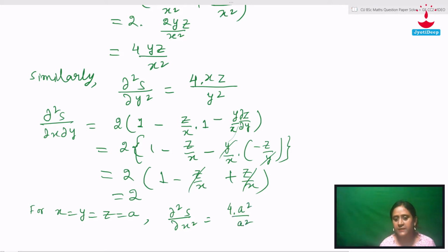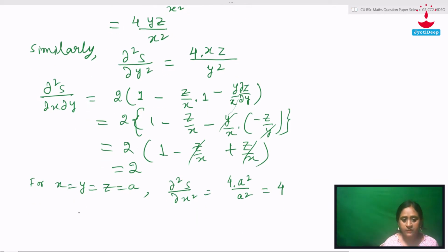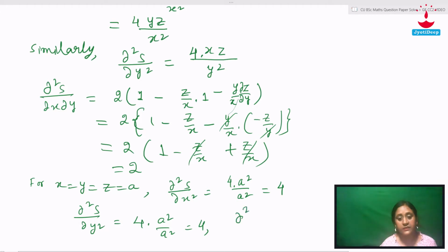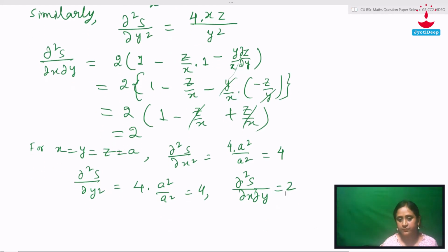So it will be 4. Similarly, when we put del 2s by del y square, we also got 4 into a square by a square. This is equals to 4. And del 2s by del x del y, we already got the value 2. Okay.